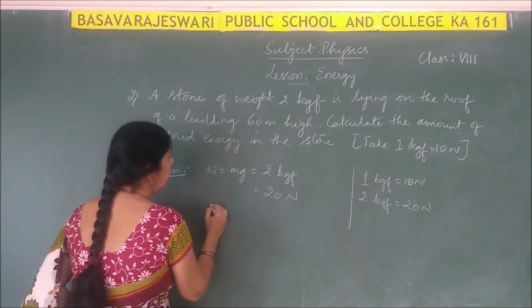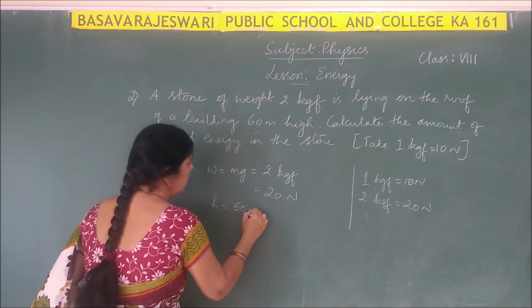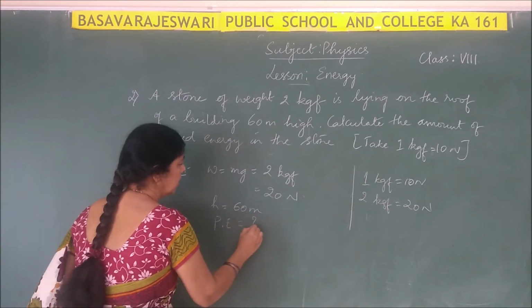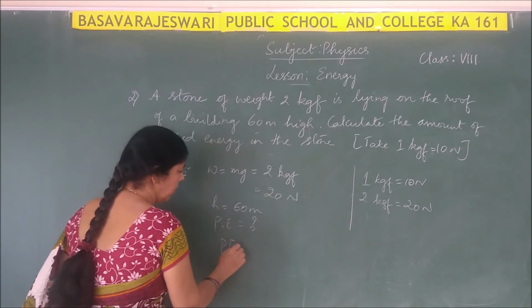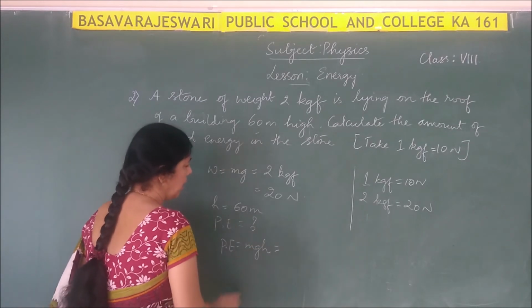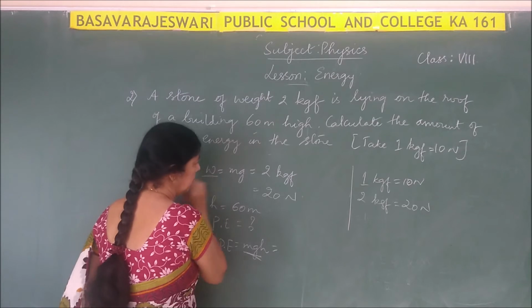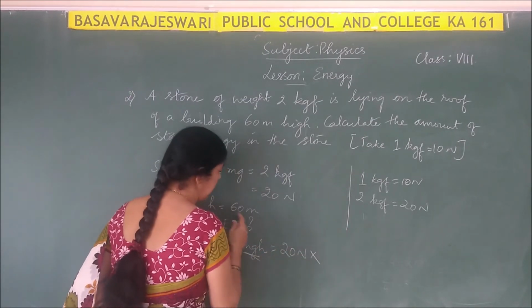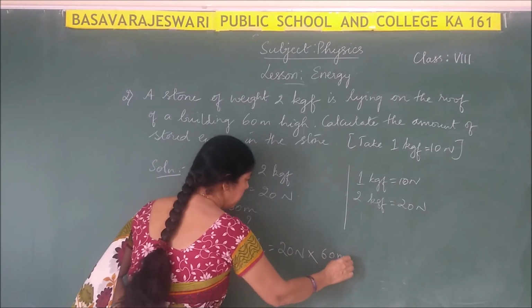Next, height how much is given? 60 meters. What you have to calculate? Potential energy. Potential energy is equal to mgh, and mg is nothing but w. So the w value we know, that is 20 newton multiplied by height, which is 60 meters.